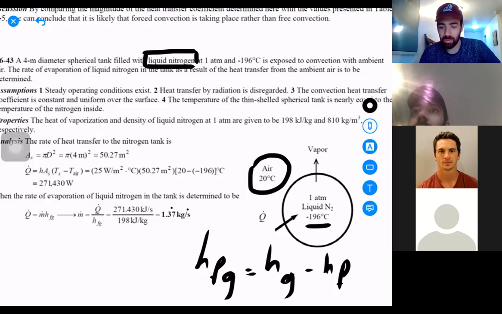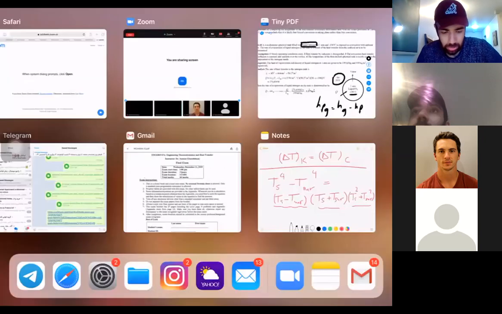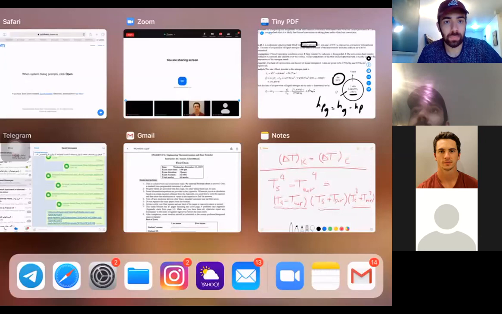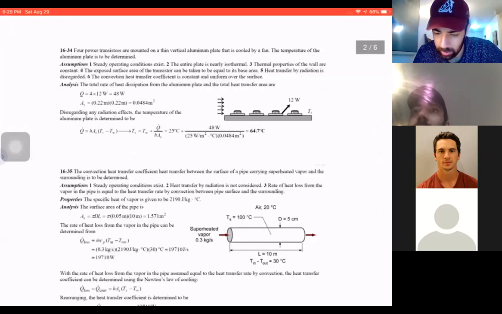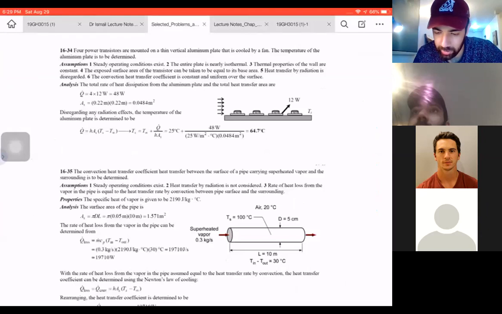I do not have the table on my tablet, but let me see if I can show you on my desktop here. Okay, let me go back to show you where you can find the amounts of evaporation.